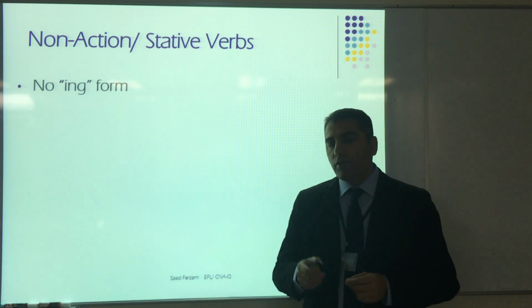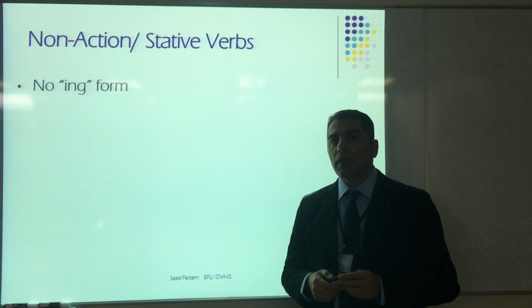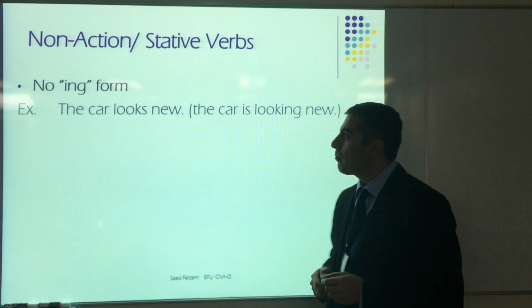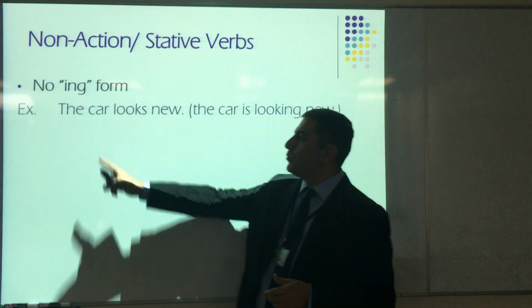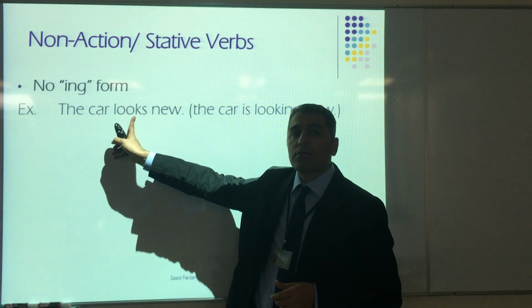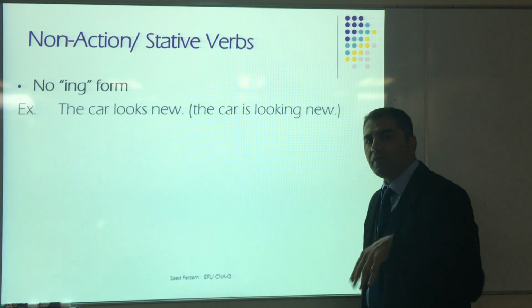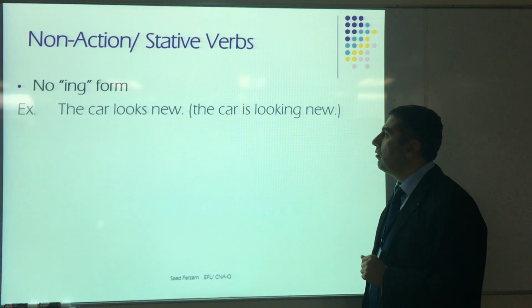Now, what's important is that non-action verbs do not take the ing form. Let's look at an example. The car looks new. The subject here is the car, and the verb is looks. I can't use the ing form here, even if I'm talking about something that's happening right now and only right now.